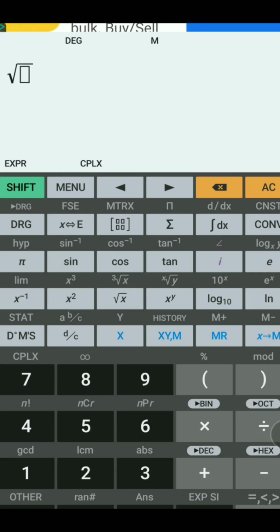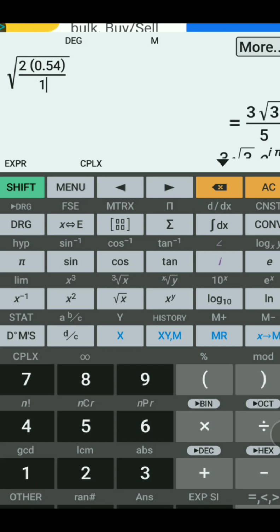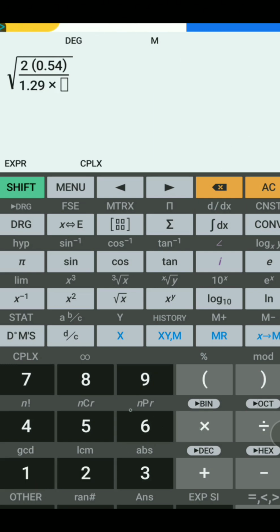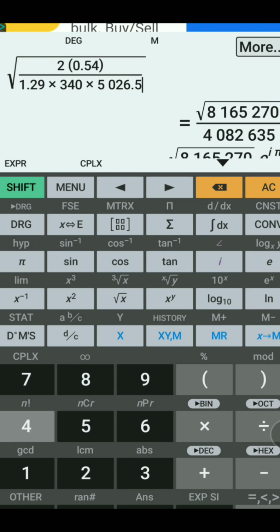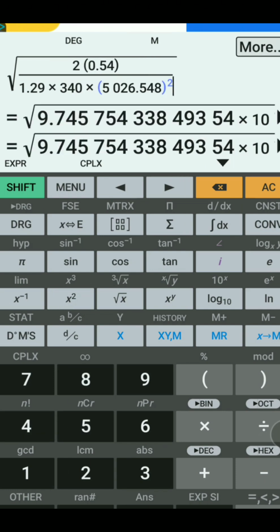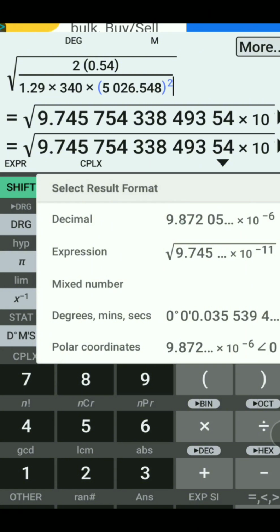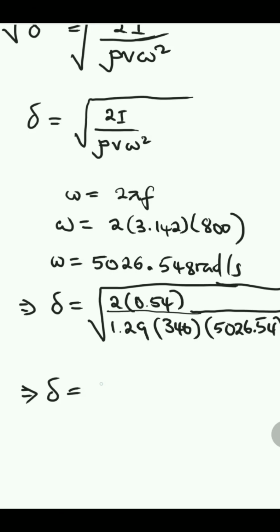Now upon using a calculator, we'll have 2 times 0.54. Then down there we have 1.29 for the density times 340 for the speed, and for the angular frequency squared we have 5026.548 squared, and our expression gives us 9.87205 times 10 to the power negative 6, which we can just write as 9.87 times 10 to the power negative 6 meters.